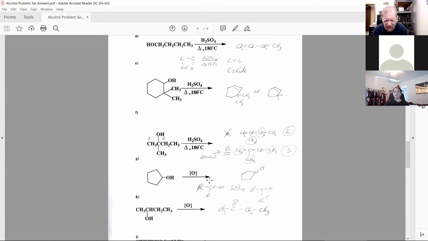Now, Zaitsev's rule, the way I'm teaching it to you, is you count the number of carbon atoms directly bonded to the carbons of the double bond. I'll say that again. You count the number of carbon atoms, not all of them, just atoms directly bonded to the carbons of the double bond. And the one that has the most is the product you get.